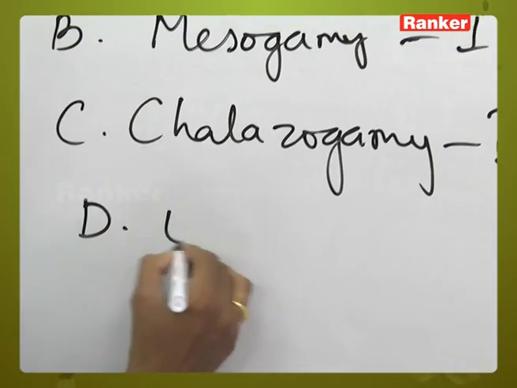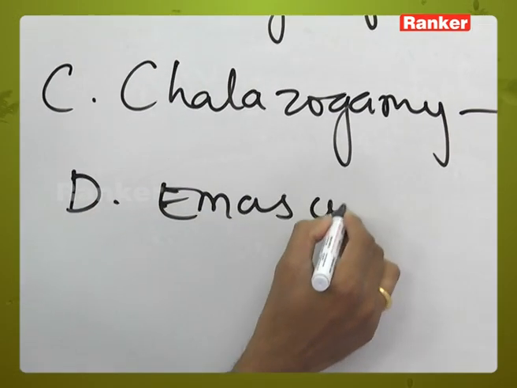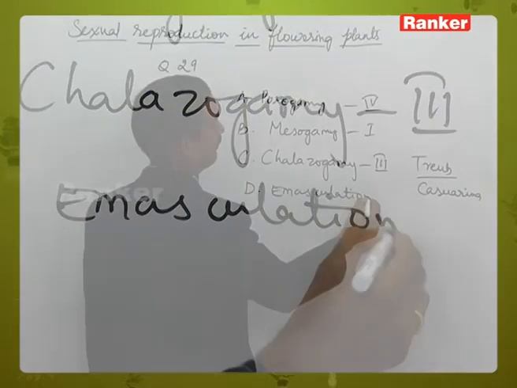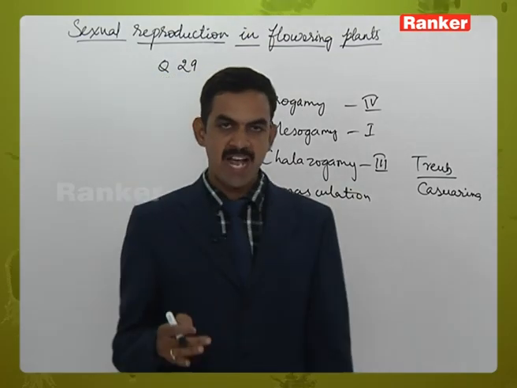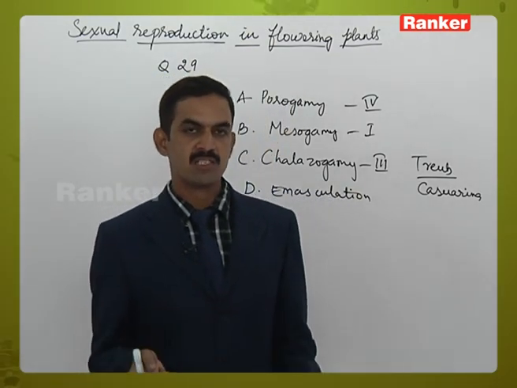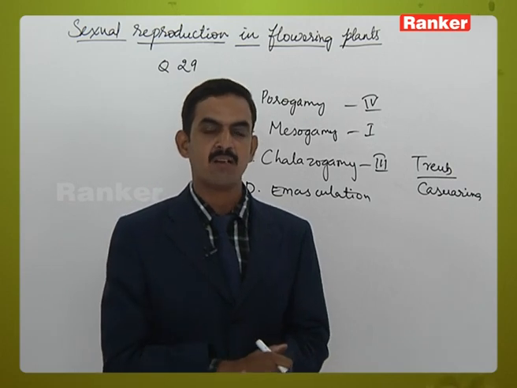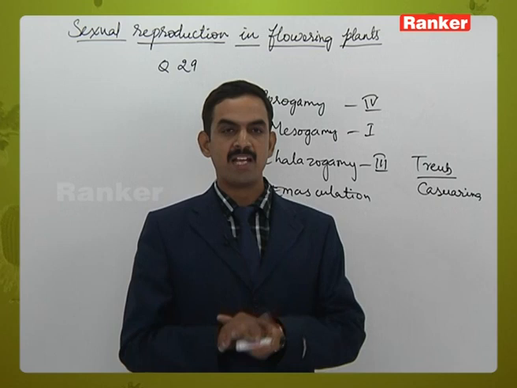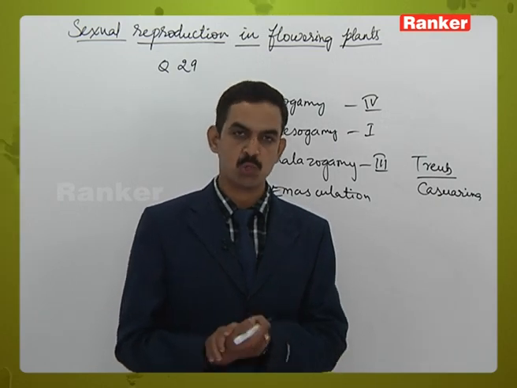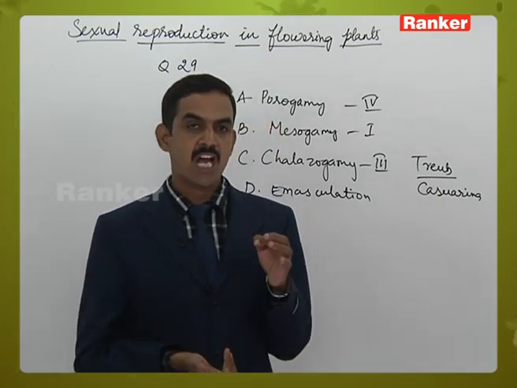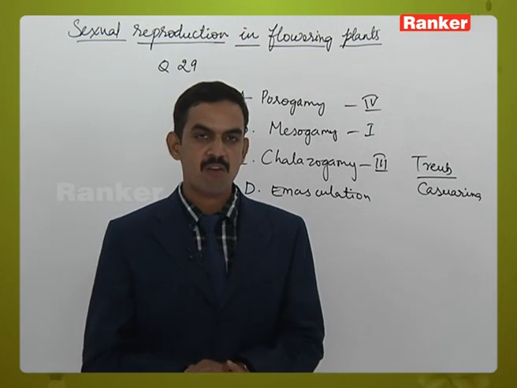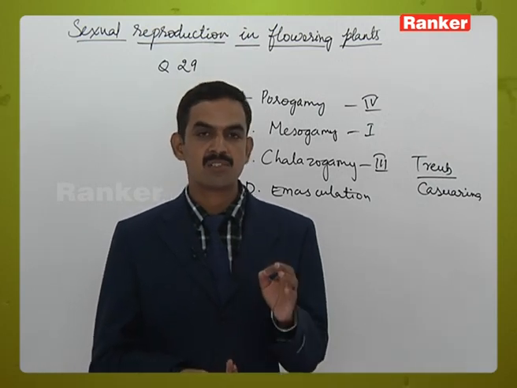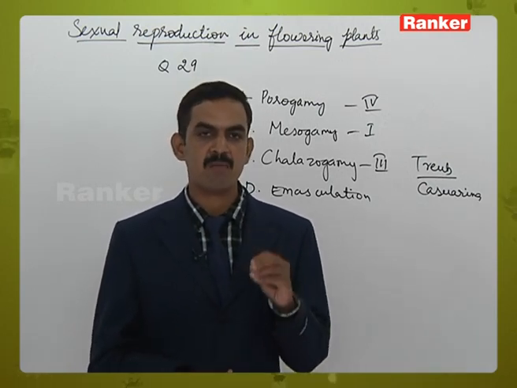Then D, emasculation. During the artificial hybridization process, two parents are selected, a male parent and a female parent. Both have bisexual flowers. In order to avoid self-pollination, the stamens or anthers are removed from the female parent.